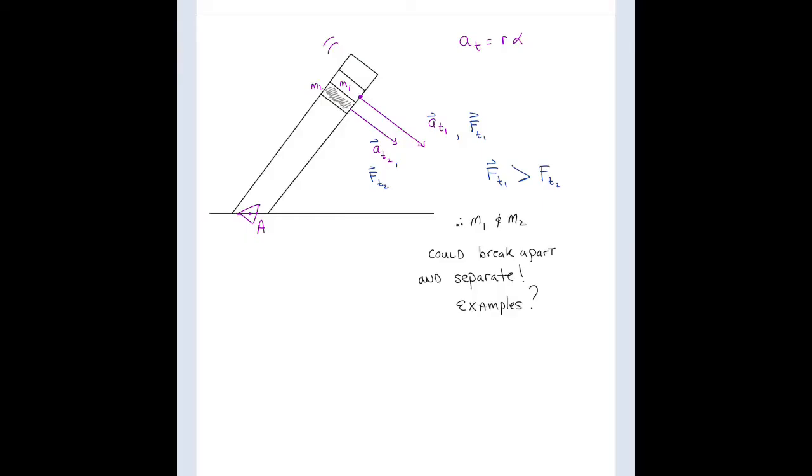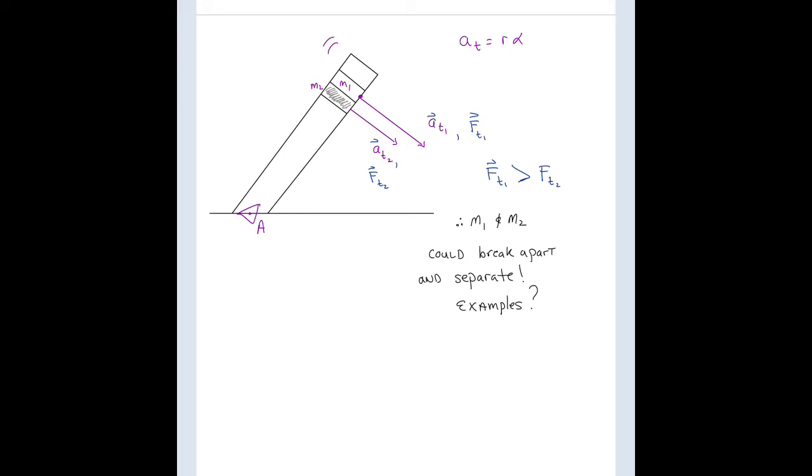Here's an object that is, let's say, attached to the ground somehow, and it's made up of little chunks of mass, and it's falling. I went up on the object and said this mass 1 is further away from the axis of rotation. If I look at what path M1 takes, it's following a circle, so its tangential acceleration is in that direction.